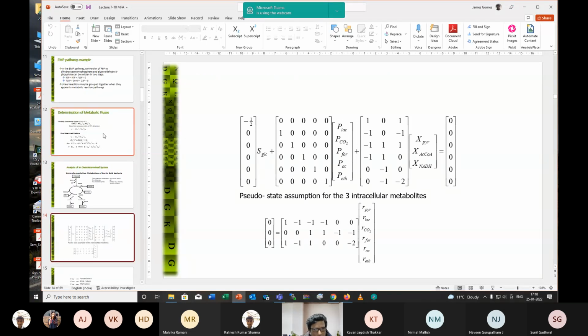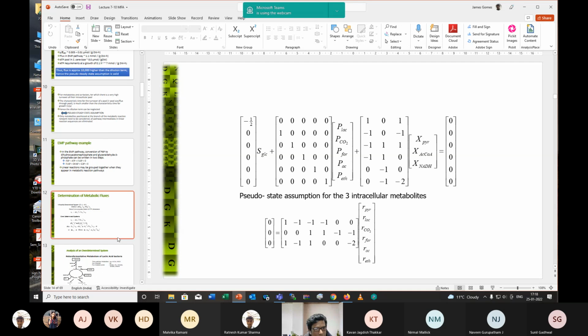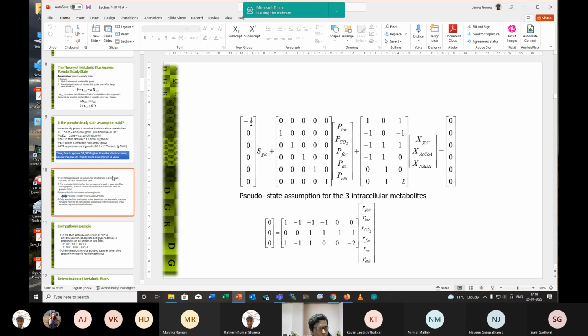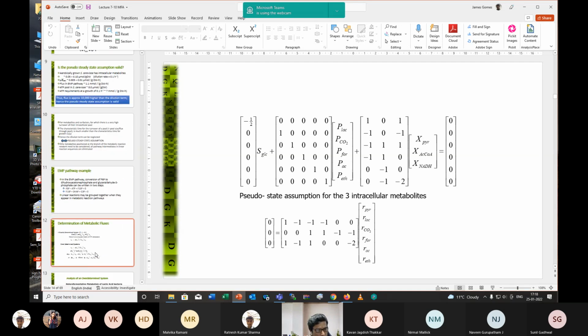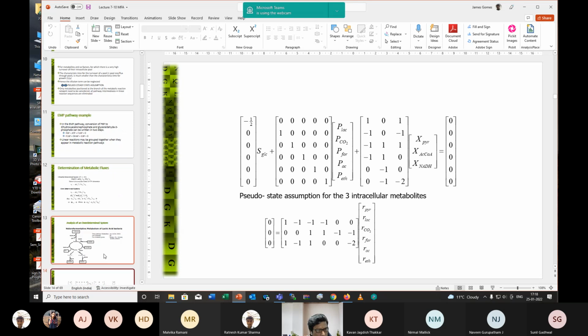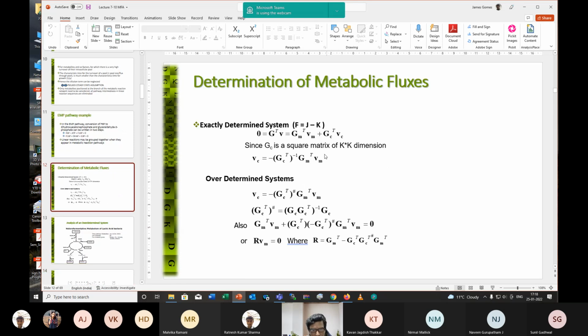Bring it back here, that is number 7. So you can see here that we have these two components, GM and GC, which will be part of this G. So this GVT is going to 0.